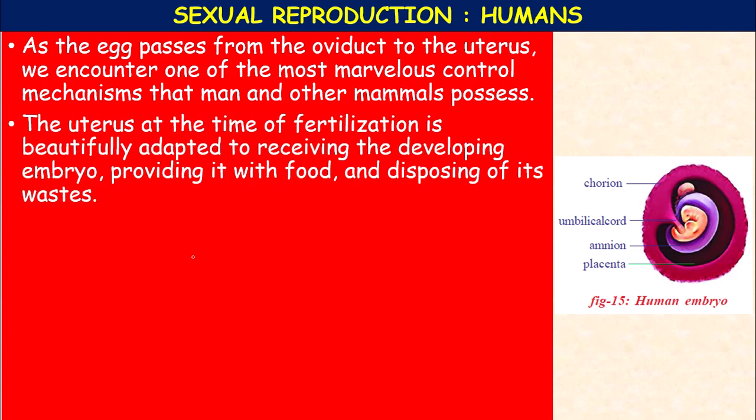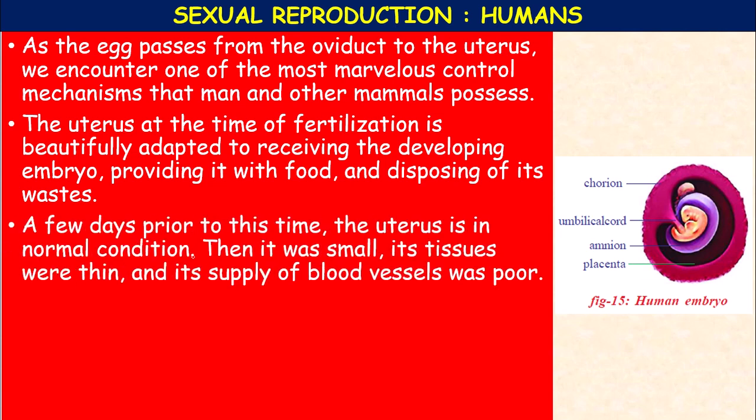The uterus at the time of fertilization is adapted to receiving the developing egg, providing it with food. A few days prior to this time, the uterus is in normal condition.